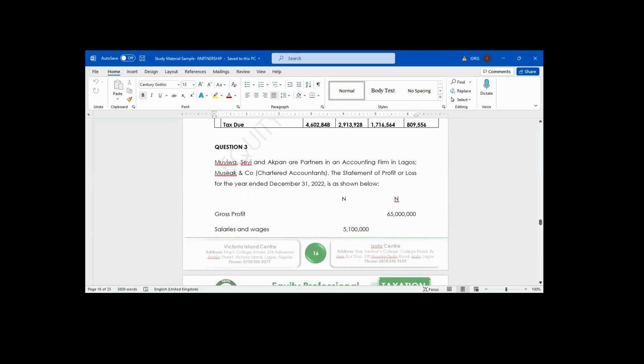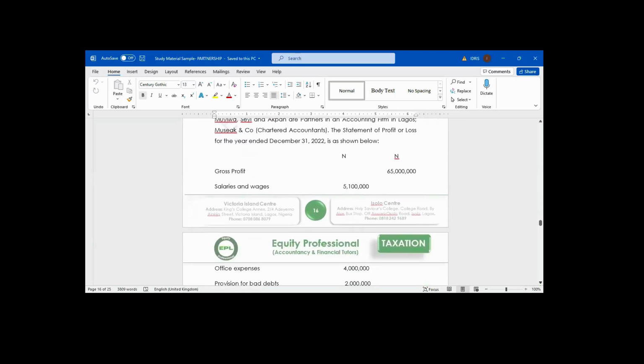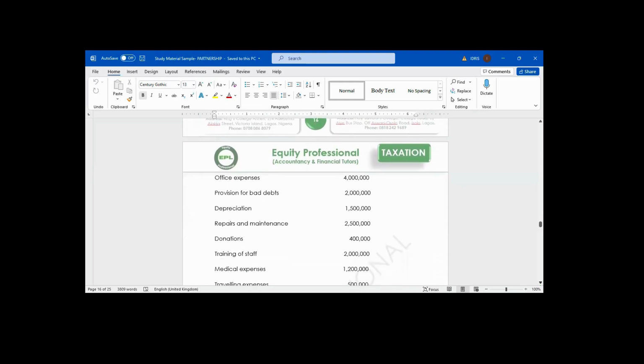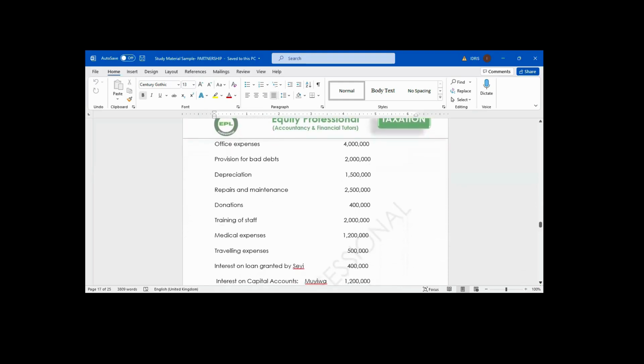Muiwa, Sheyi, and Akpan are partners in an accounting firm in Lagos, Music and Co., Chartered Accountants. The statement of profit or loss for the year ended 31st December 2022 is as shown below. Gross profit 65 million. Salaries and wages 5,100,000. Office expenses 4 million. Provisions for bad debts 2 million. Depreciation 1.5 million. Repairs and maintenance 2.5 million. Donations 400,000. Training of staff 2 million.